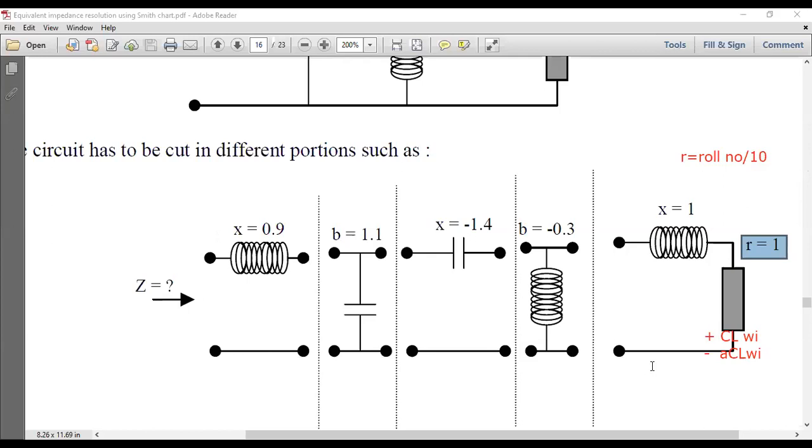The experiment title will be equivalent impedance resolution using Smith chart. You note it down. As we discussed, it will be given to you today.